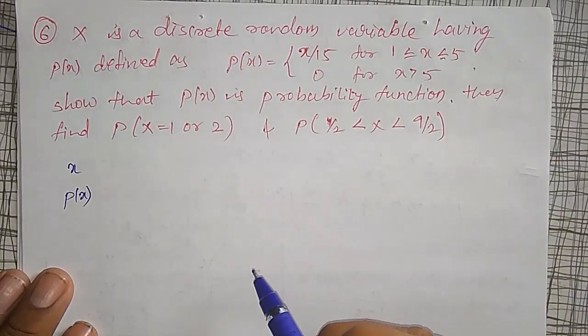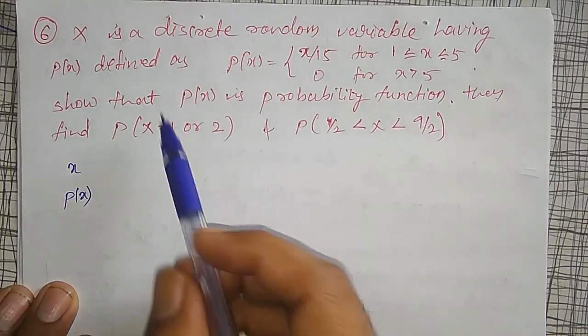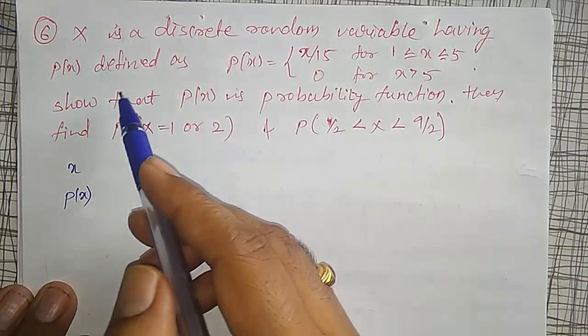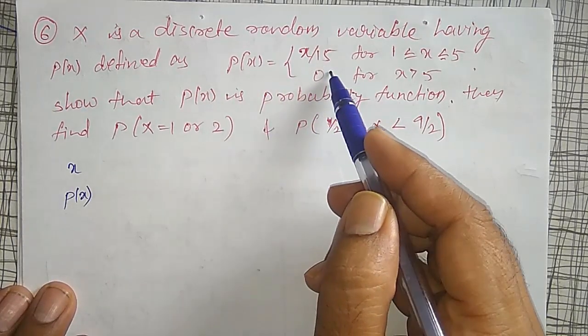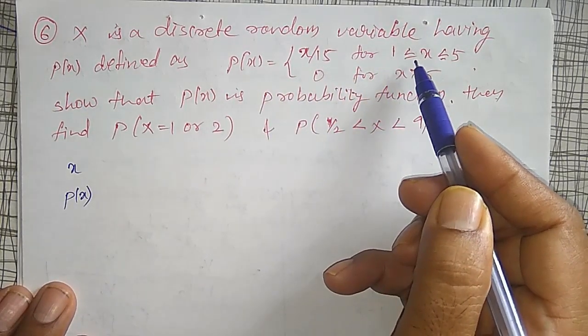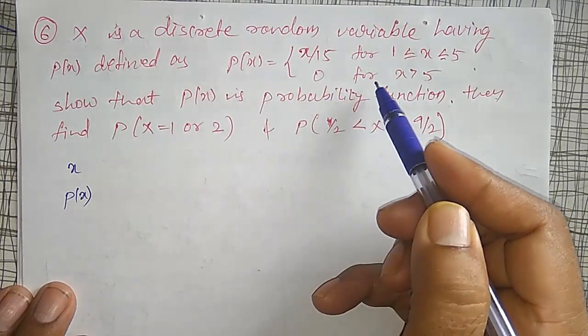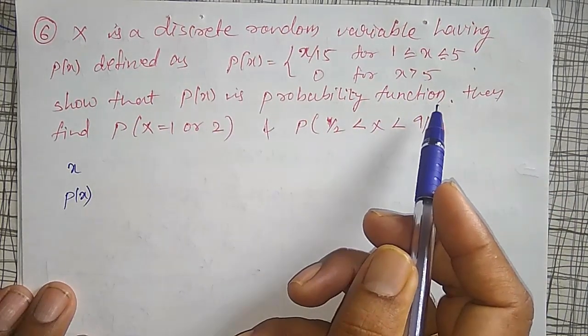Another problem we are solving is on the definition of the probability function. If x is a discrete random variable having P of x defined as x divided by 15 for x between 1 and 5, and 0 for x greater than 5, then show that P of x is a probability function.